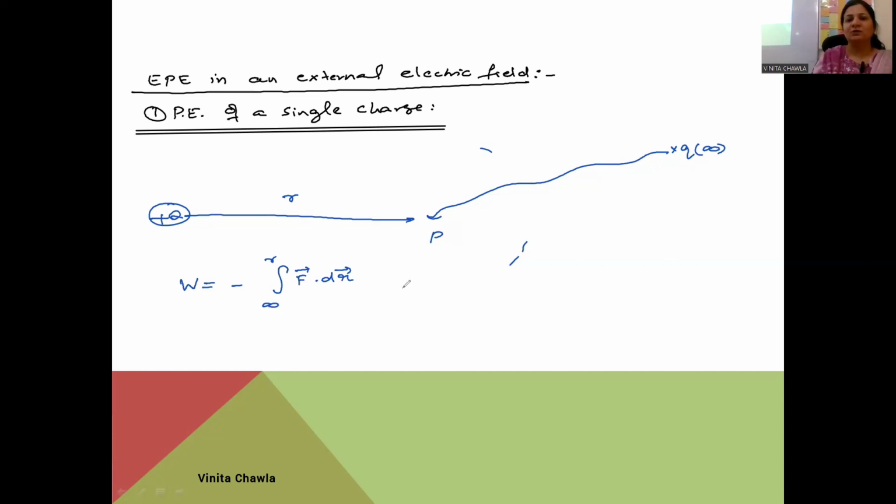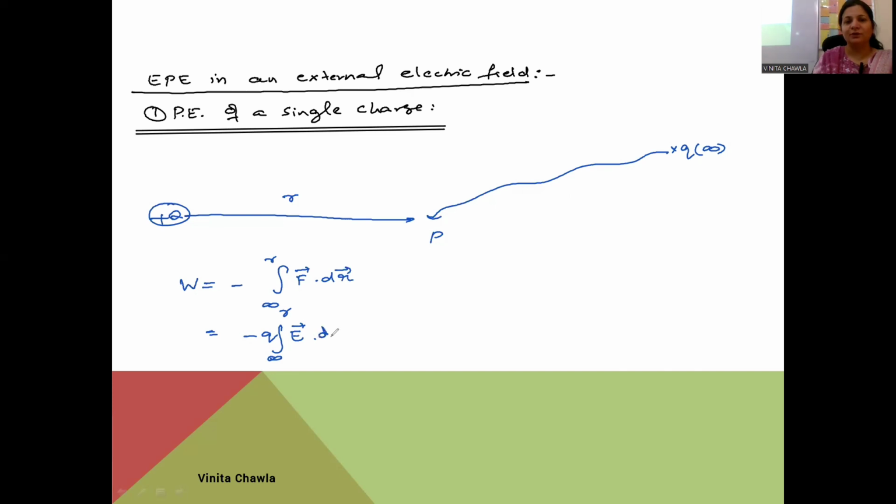So this can be written as F is... which Q will take? Q is that Q which was at infinity, the Q which has been moved.